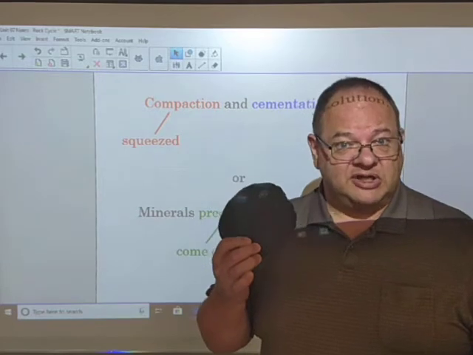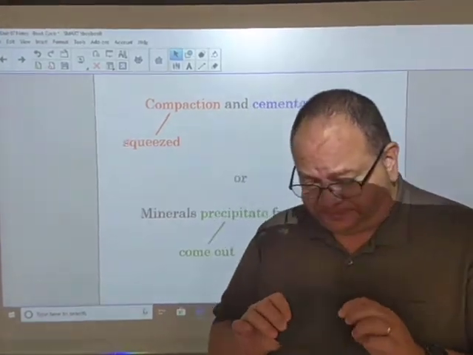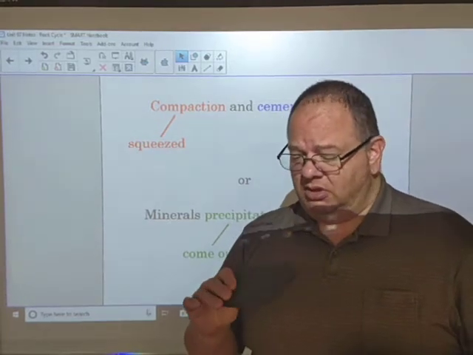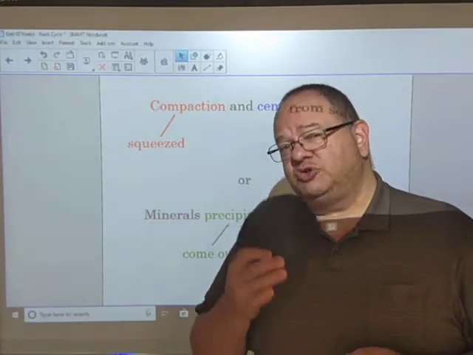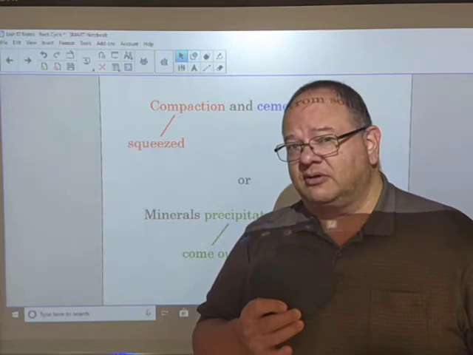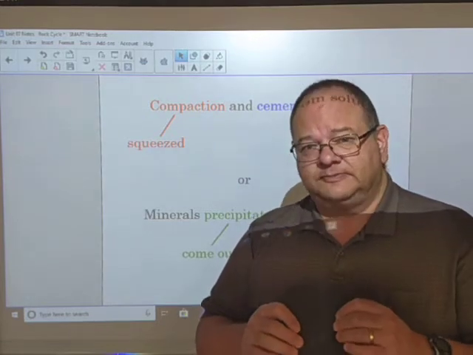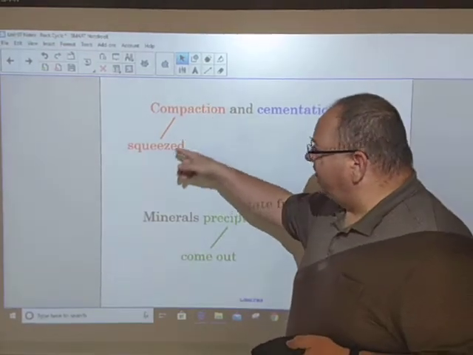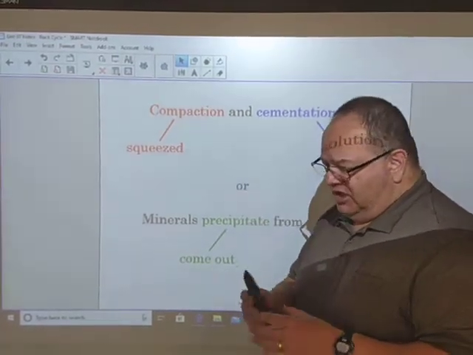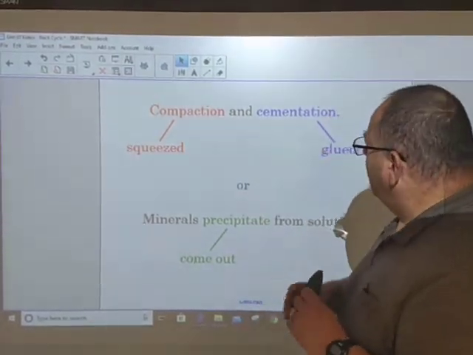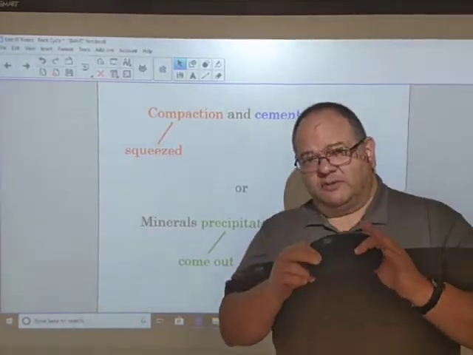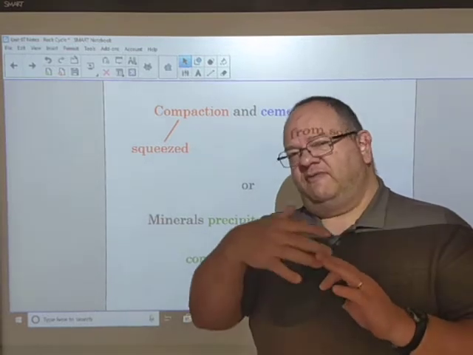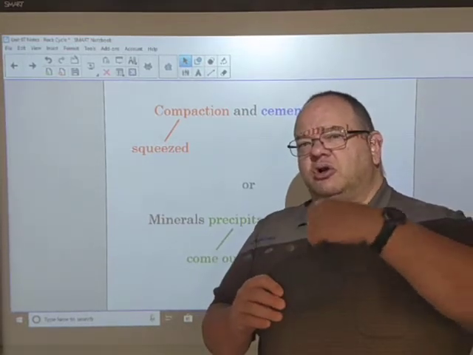It wasn't my original intent, but this was sand and some iron filings and some sugar that I mixed together, and I added a little bit of water. And then I packed it down, so I guess I did a little bit of compaction, a little bit of squeezing, but I didn't have to really let this go because the sugar originally dissolved in the water, but then as the water evaporated away, the sugar came back out.